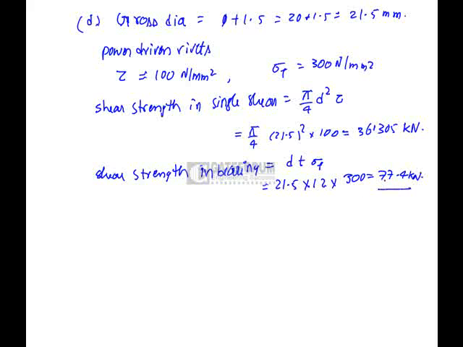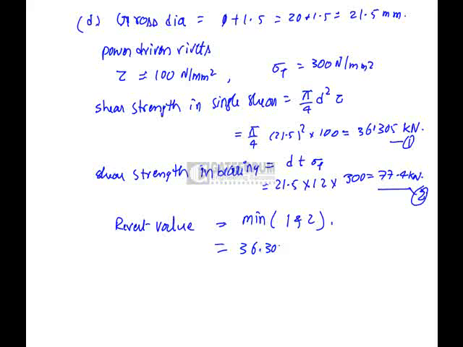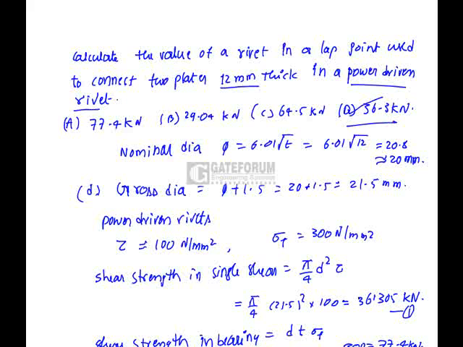So the rivet value has to consider the minimum of these two, 1 and 2 minimum, that is 36.305 kilonewtons. So here in our options, option D is correct.